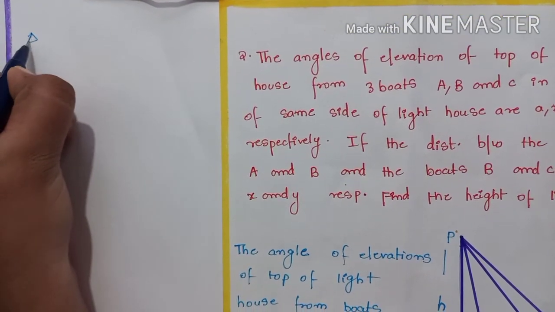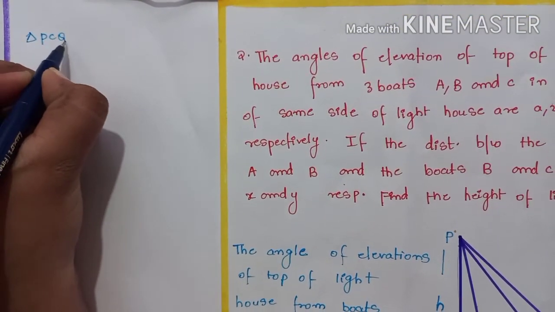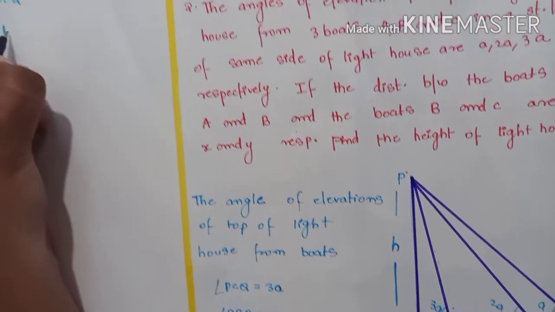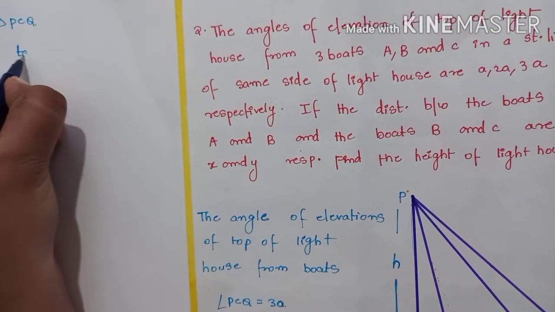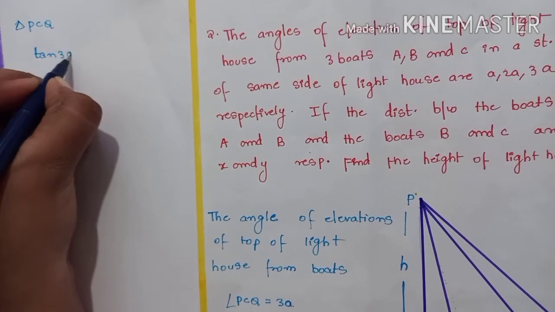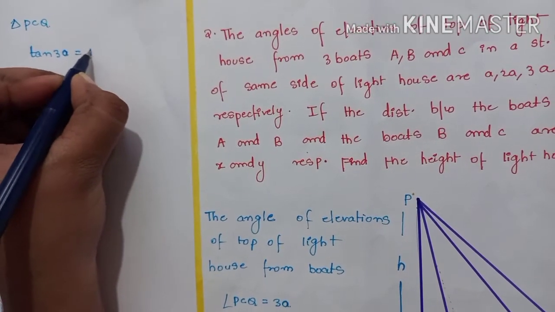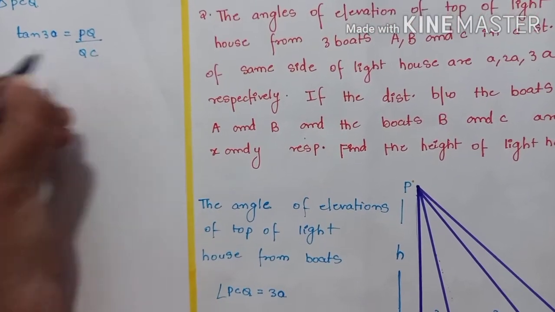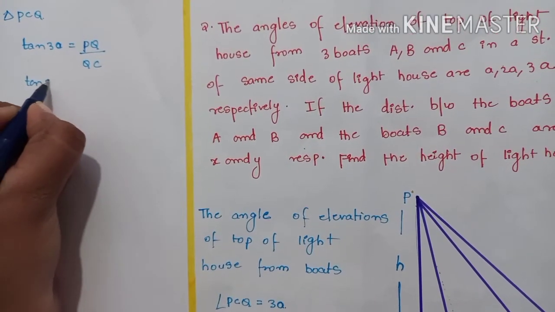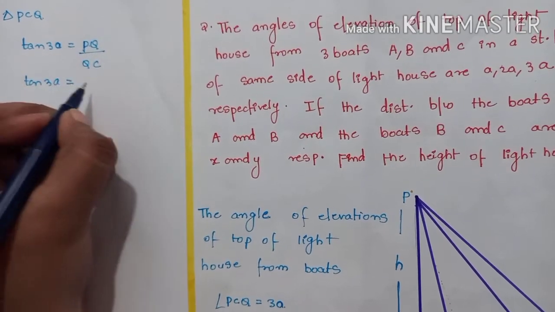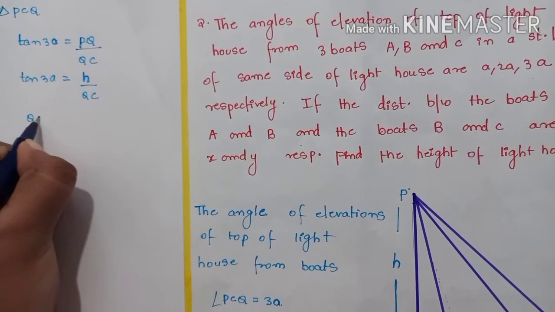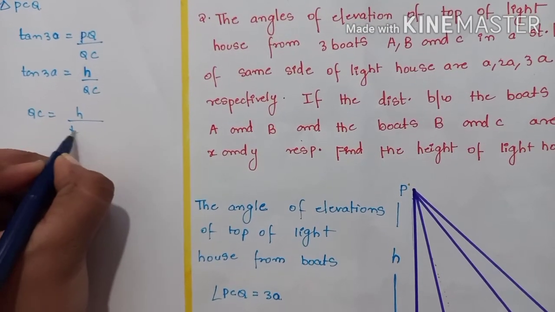Now the first triangle is PCQ. Here the angle given is 3A. So tan 3A is equal to the opposite side PQ and the adjacent side QC. Tan 3A is equal to PQ, which we assumed as h, by QC. So QC is h by tan 3A.